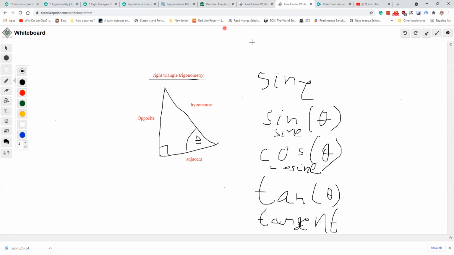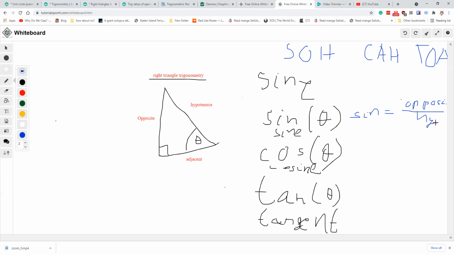And so the common way to remember these is with a mnemonic called SOH CAH TOA. This mnemonic will probably help you remember things a lot better. SOH stands for sine is equal to opposite over hypotenuse.